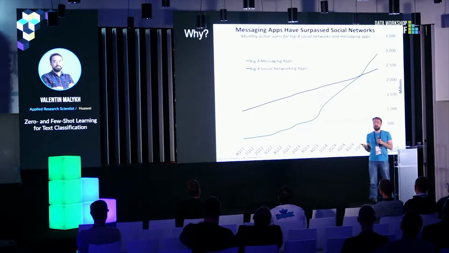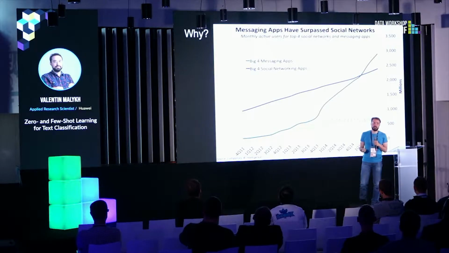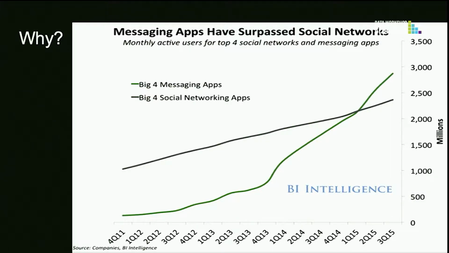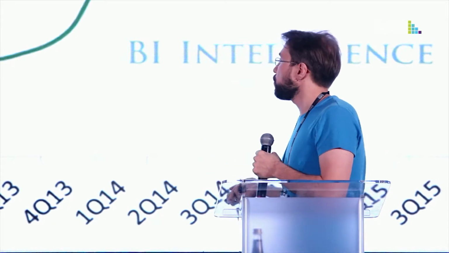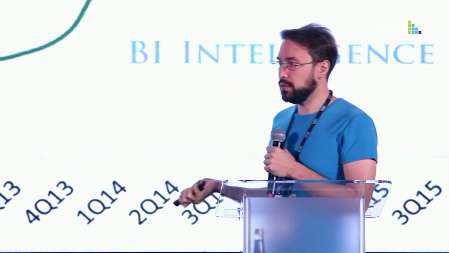So first of all, why are we actually doing this? Dialog systems are really useful when you're trying to talk to people. I think it's pretty obvious in 2019, but it was obvious even 5 years ago.